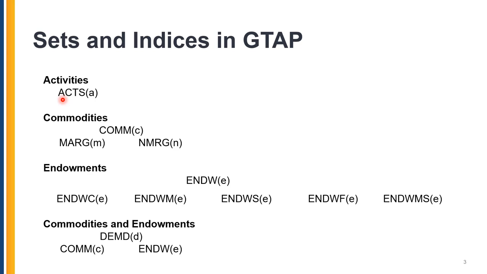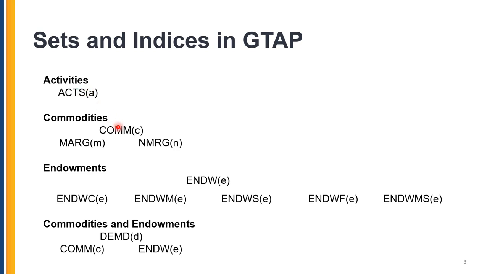But for now, we're just going to say that activities and commodities are a one-to-one matchup. If you're a sector, you're basically defined by the single commodity you make and no other sectors making your commodity. We call that a diagonal make matrix, and then we end up with a one-to-one, and so activities just pass over to commodities.